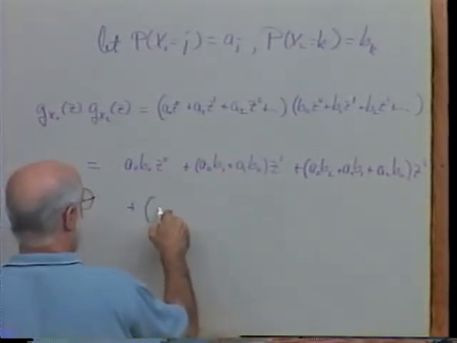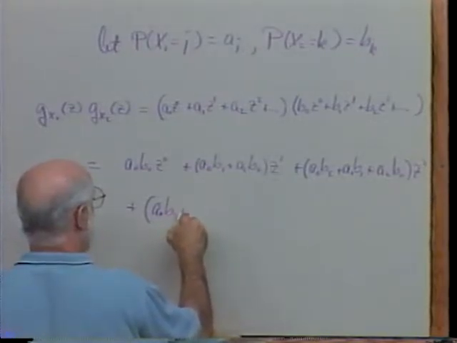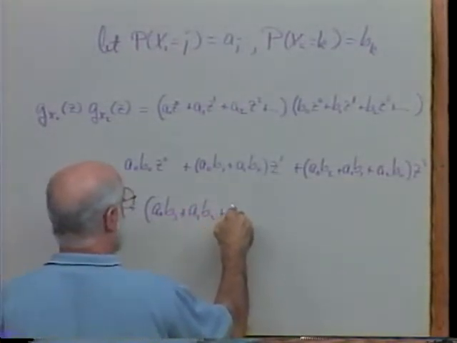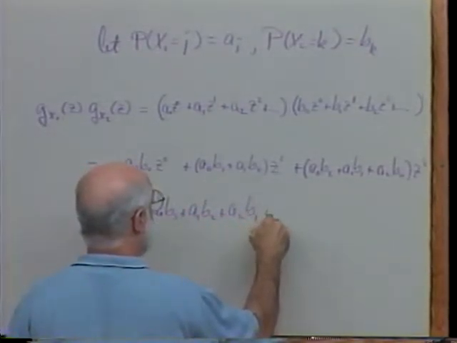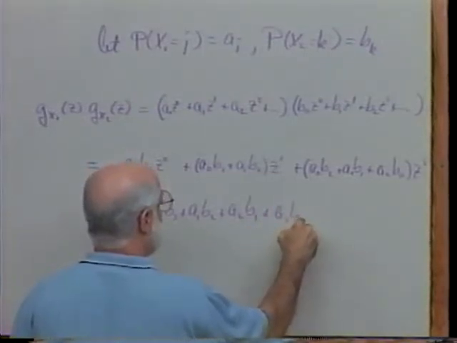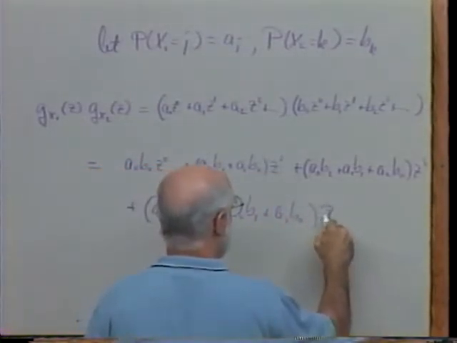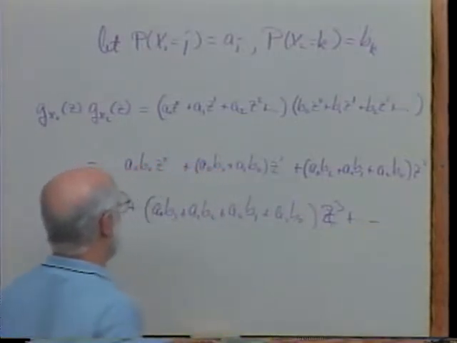The next term is going to be a0 b3 plus a1 b2 plus a2 b1 plus a3 b0, z to the 3, and so on like that.